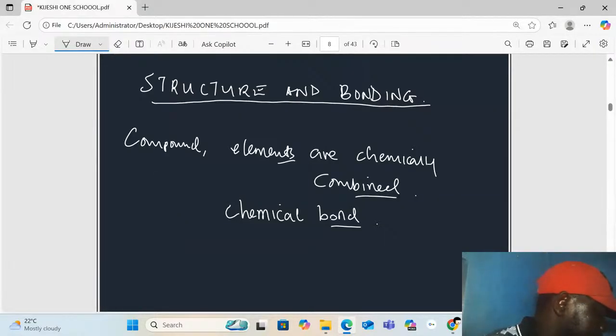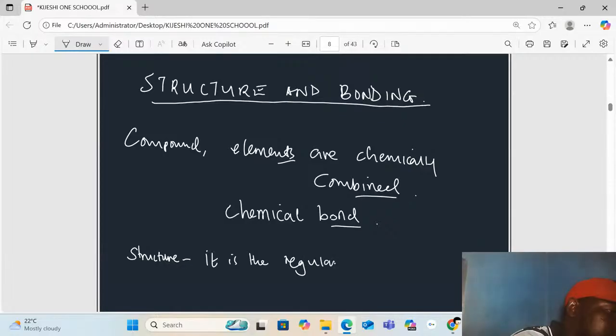We may define several things, where we have the structure, which is the regular pattern of particles in a compound or substance.